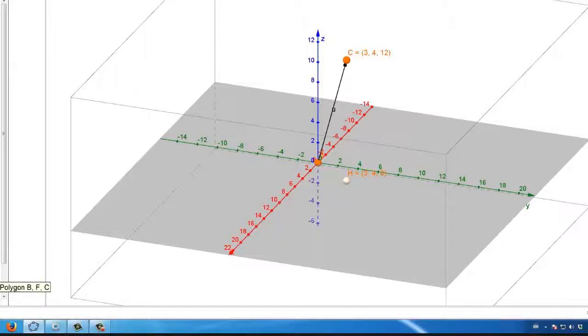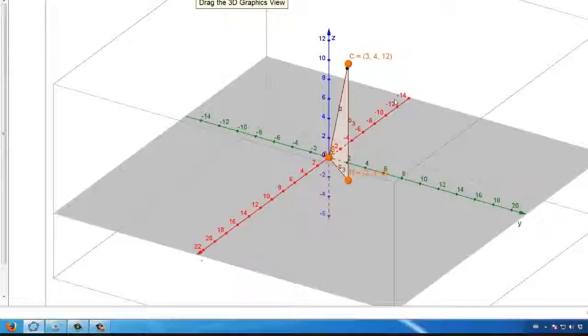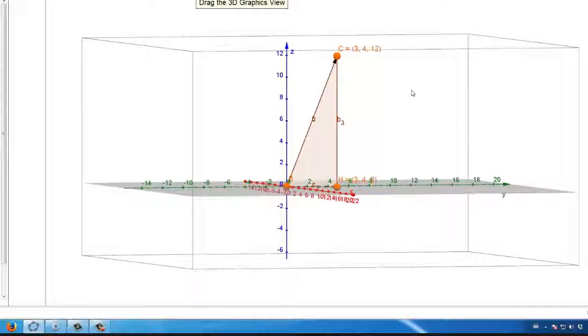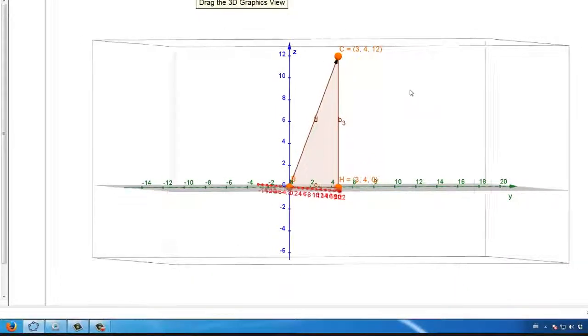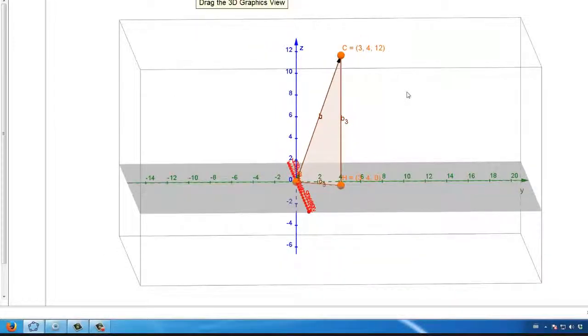Okay, there's the triangle that we're looking at. Oh wow, that switched me away from 3D graphics. So, as you can see, that's still a right angle triangle, and so the Pythagorean theorem is going to apply. The tricky part isn't finding this.